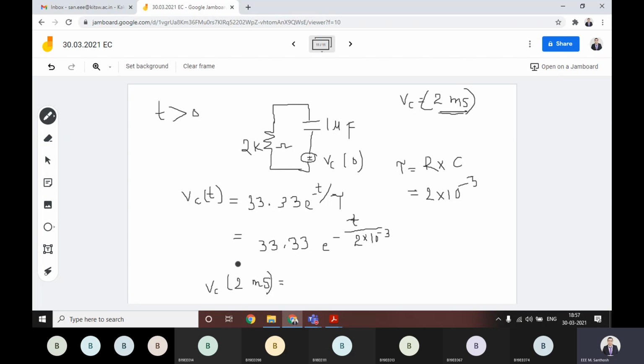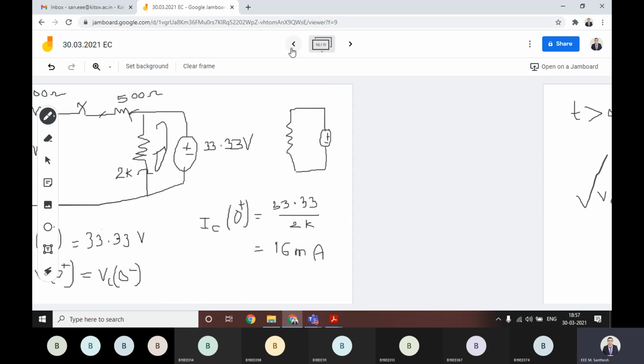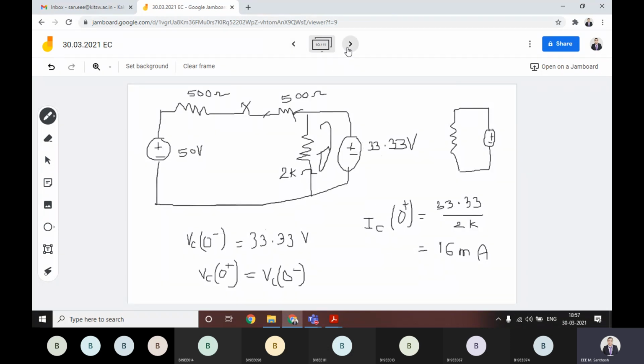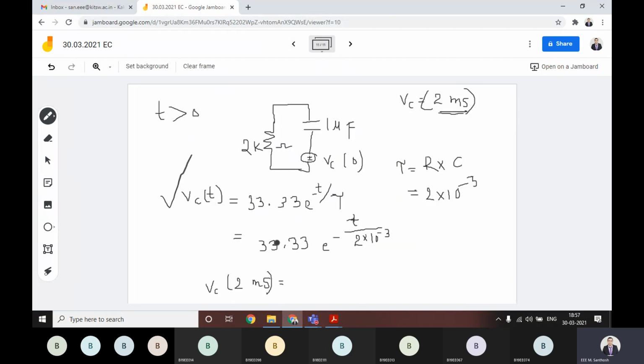Sometimes they will ask you the third one directly, but in procedure you have to do this, then you can find the value. If it is a source free RC circuit, they will give you clearly if the source is connected or it is being removed. Both the cases are there. You have to be careful. When they are removing the source, this is the procedure for RL and RC.